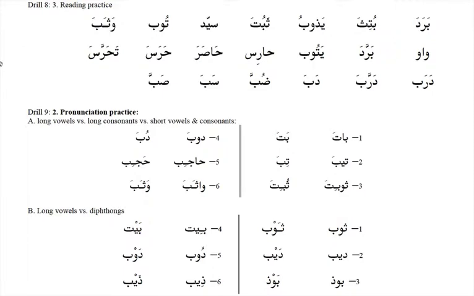Part B, long vowels versus diphthongs. Thub, thaub. Deeb, daib.